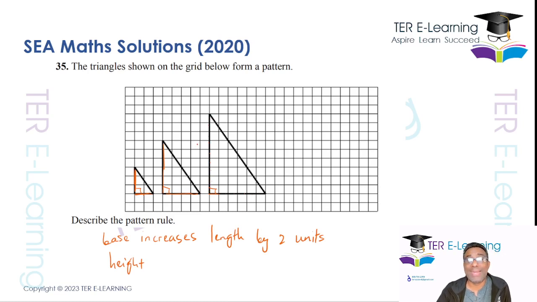So again, we keep increasing, but this time you're increasing by 3 units. So a statement along those lines. So that's 35.